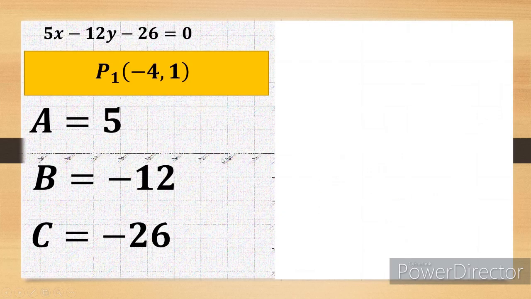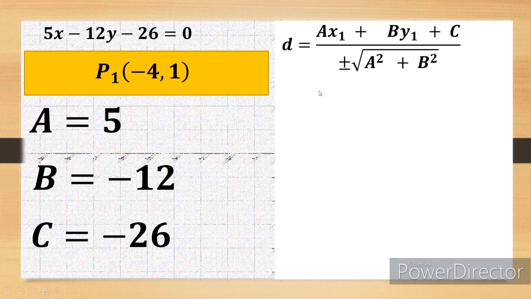Next point, we have negative 4, 1. So, alamin natin distance ng point na to with the same line, 5x minus 12y minus 26 equals 0. So, of course, we will be using the same formula. And we have the same values of a, b, and c. But this time, our x sub 1 will be negative 4 and our y sub 1 is positive 1.